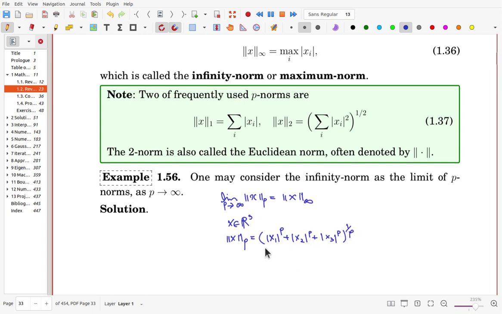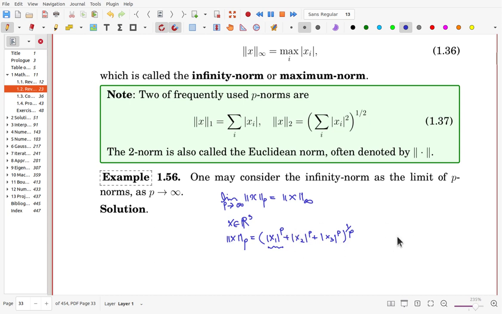So assume x1 is the largest among these three values. Then as p increases, that term inside the parenthesis will be dominating. For example, if these are 2, 1 and 1, then later on, this one will become much larger than the other two.